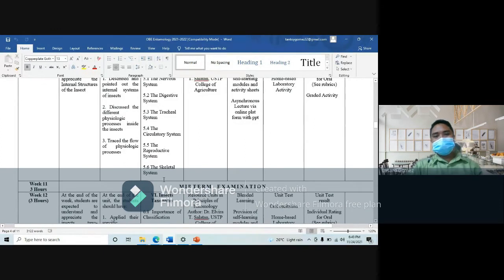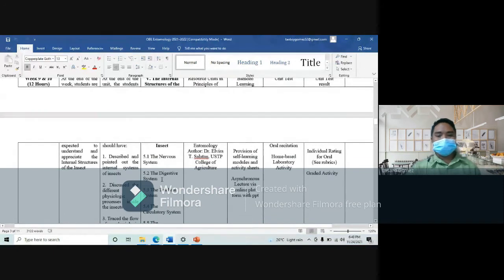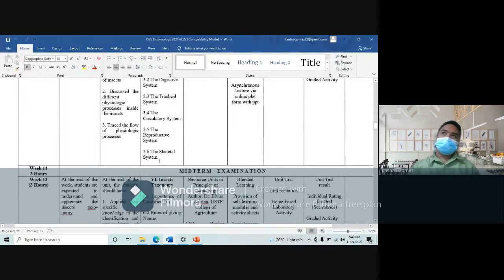So supposed to be ako tani siyang ihuman ato para mag midterm, pero tungod kinakita na ako nga taas na kayong coverage, ako siyang gikat. The internal structure of an insect will be given to you for your final examination.